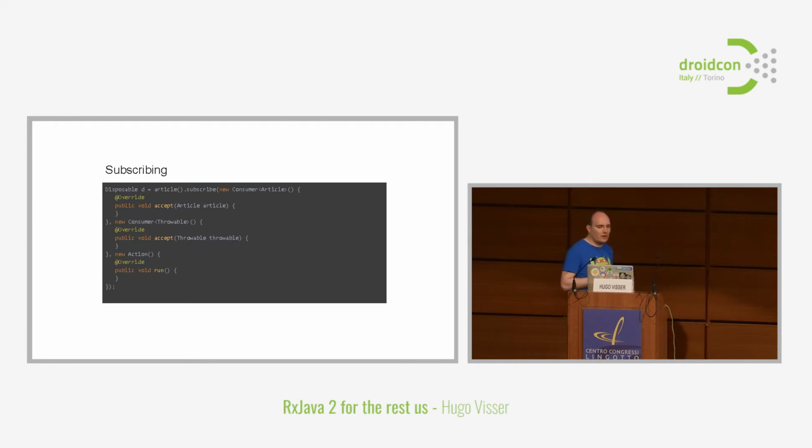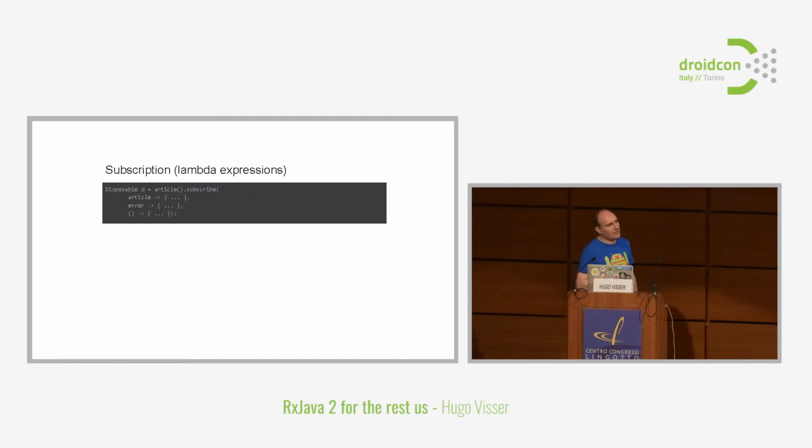This notation is especially convenient when you are using it with Java 8 lambdas, which we are now finally getting officially in Android, because you can really shorten it to this syntax. So this basically means, again, we're going to subscribe. This is the onNext event, and here you define your lambda, your inner class, basically, on what to do with that event.